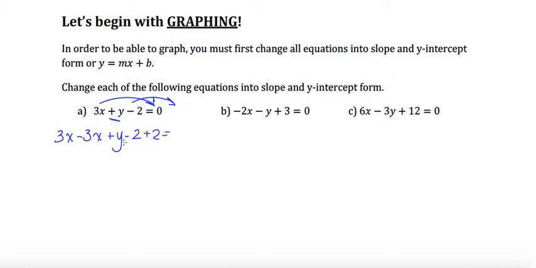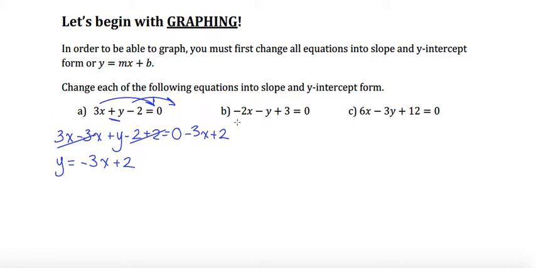So again, whatever I do to the left-hand side, I have to do to the right-hand side. So I have 0, take away 3x, plus 2. So the x's are gone and the 2's are gone. So I'm left with y is equal to negative 3x plus 2. So that's one way to think about solving your equations.